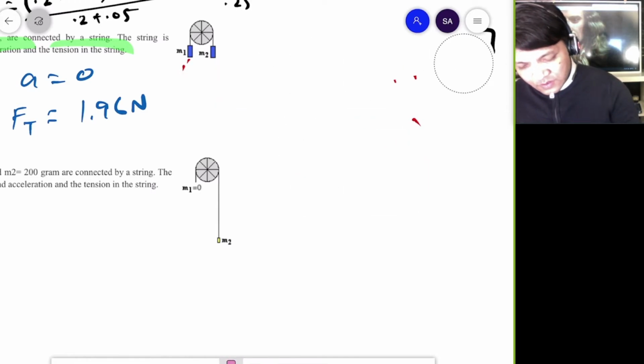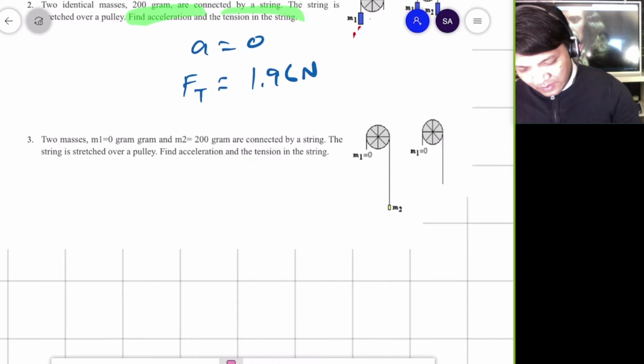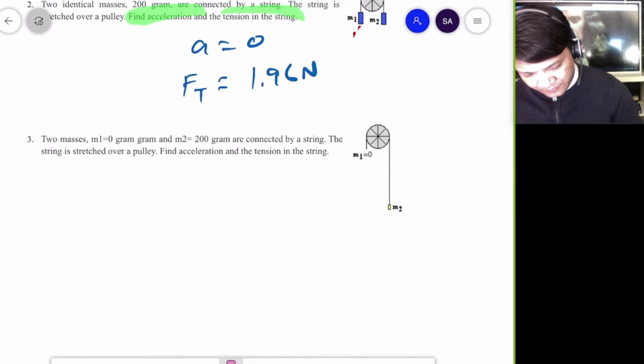Now we're going to solve the last problem. In the last problem, one mass is 0, the other mass is 0.2 kilogram. We are trying to find the acceleration and the tension force. Let's first find the acceleration.